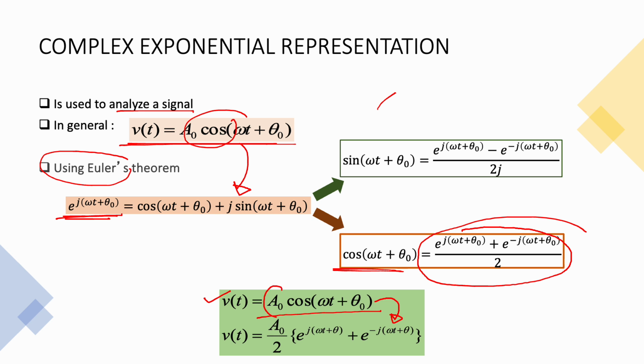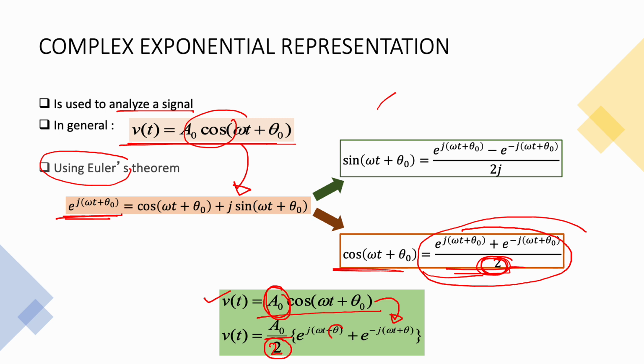So we can see here our amplitude, in a complex form, will be divided by 2. Why is it divided by 2? Because based on this equation, we have exponential j omega t plus theta naught plus exponential negative j omega t plus theta naught, divided by 2. So this divided by 2, we can bring it in front, where we can divide the amplitude by 2.